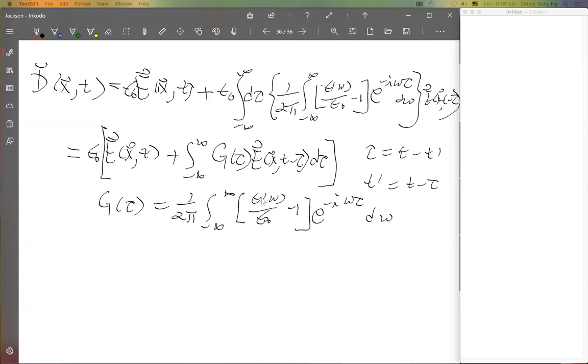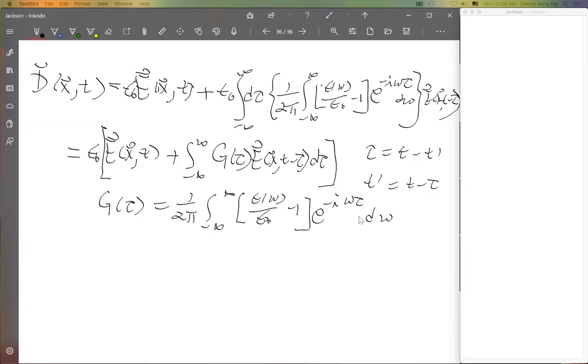If we substitute a constant in here, what do we get for g? If epsilon is a constant instead of depending on omega, then this square bracket is just a constant factor. You can pull it out of the integration, and the integration over omega gives you just 2 pi times a delta function of tau.